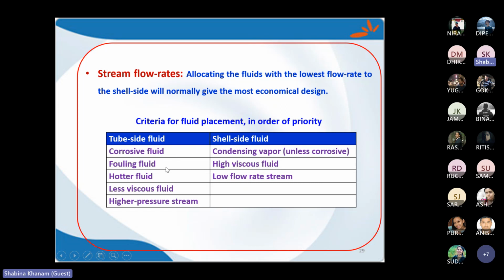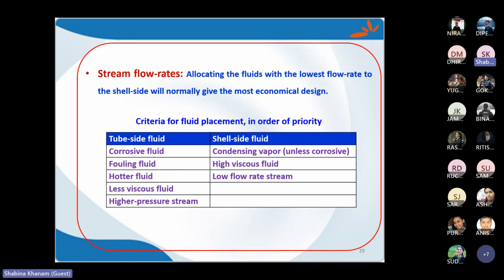That we have already discussed, right? Here I am discussing the priority. If you are dealing with corrosive fluid, allocate that to tube side first, even if the other fluid is high temperature, high pressure, whatever, but the priority should be given to corrosive fluid.